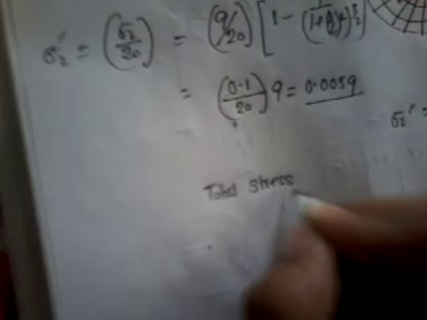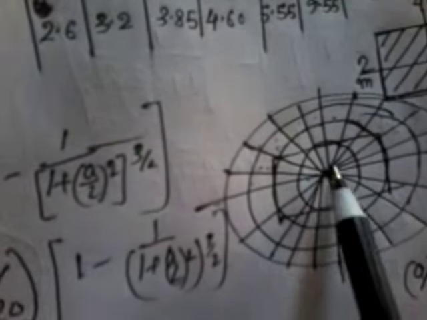By getting this value, now we know that the total stress will be the influence factor into q into the number of full segments.